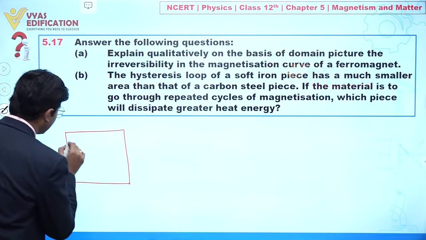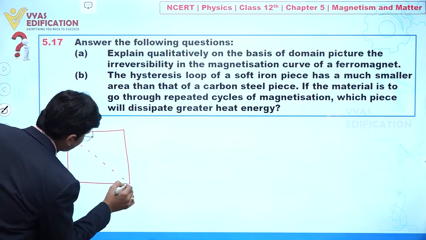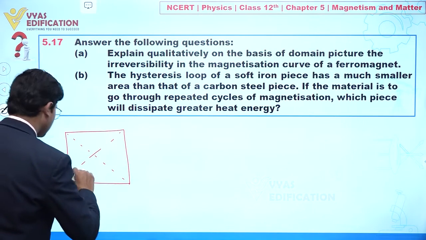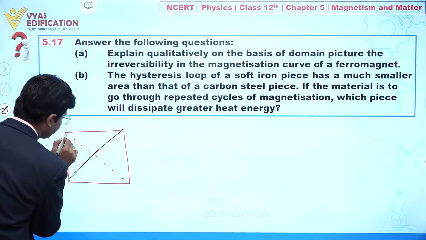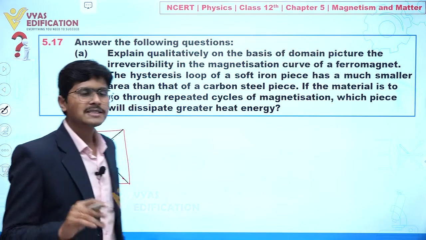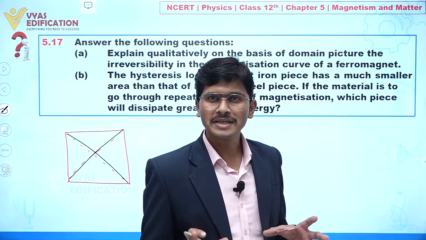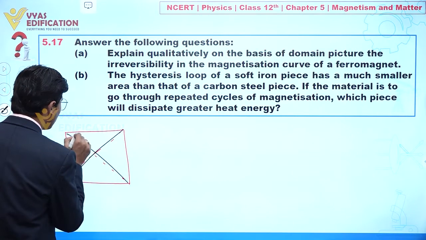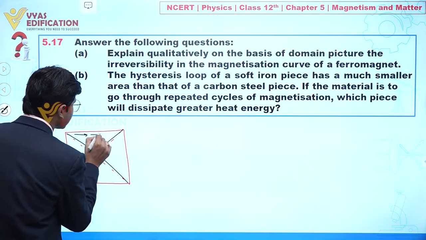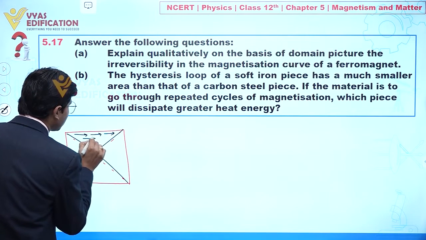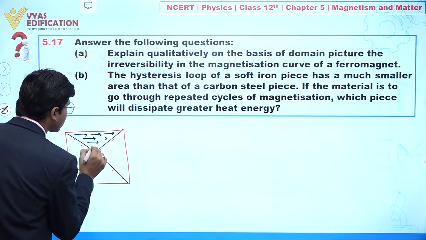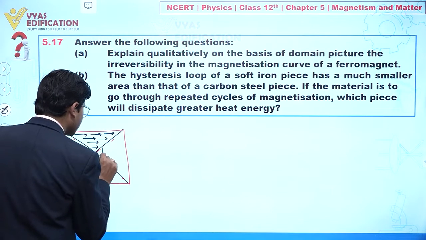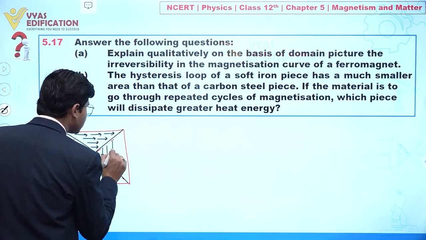Let's suppose here we have four different domains, and in each domain the atomic dipoles are oriented in a particular direction like this. So in a particular domain all atomic dipoles are in the same direction.